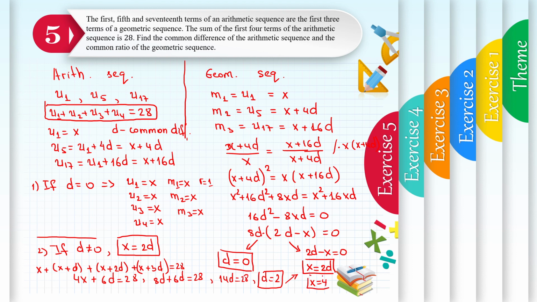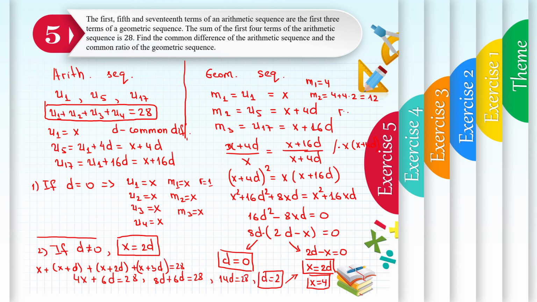So our arithmetic sequence has the common difference d equal to 2. Now it remains for us to find the common ratio of our geometric sequence. We know that our first term m sub 1 is equal to x, so it is equal to 4, and m sub 2 is equal to x plus 4d, so 4 plus 4 times 2, which is equal to 12.